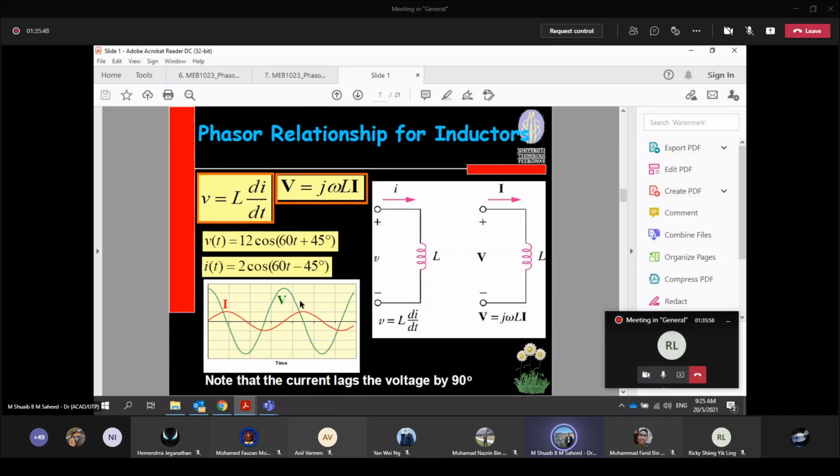So what's the phase difference? 45 minus negative 45, 90 degree. So you will see that for a pure inductor, you only have inductor, the current lags the voltage by 90 degree, or voltage leads the current by 90 degree.